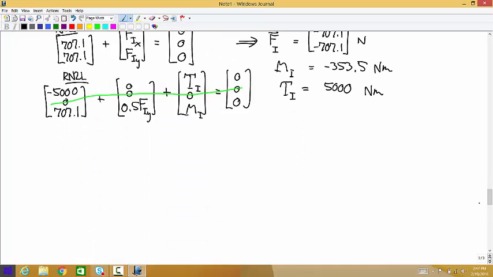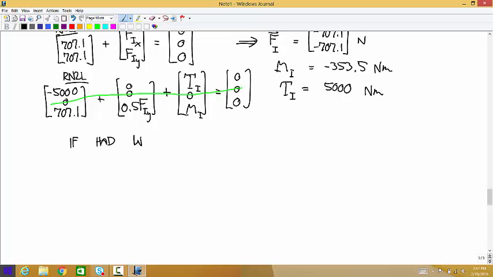Well, I'm not going to go through the calculation, but if we had chosen arbitrarily to work from the other side, if we'd chosen to isolate the right side and calculate the internal loads that the left side applies to the right side, we would have gotten the same values but opposite signs. So that way of thinking about it is a little confusing. So we're going to choose a new sign convention.